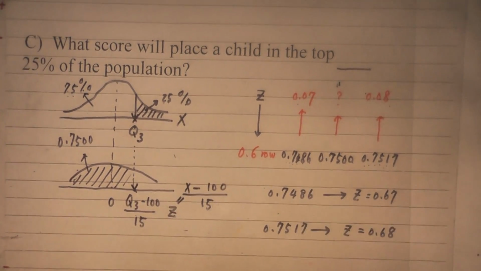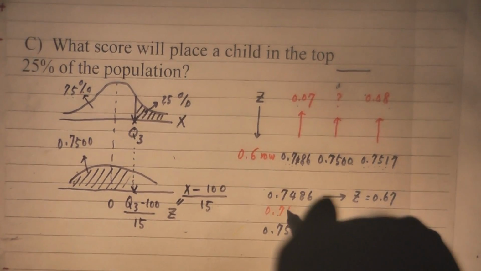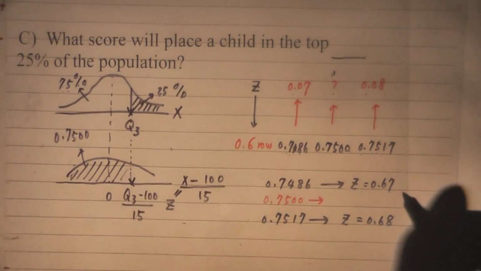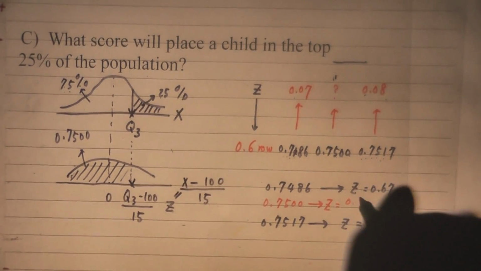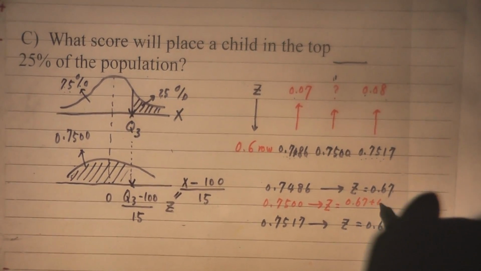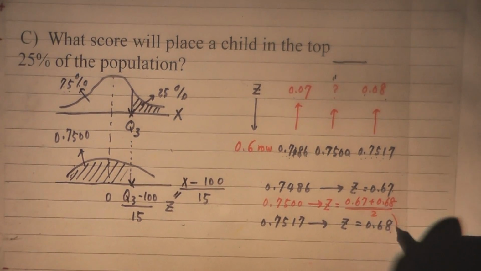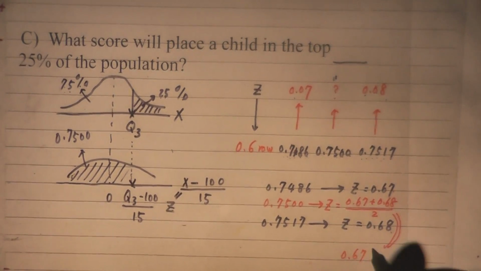So to estimate 0.7500, we can use the average of these two Z-scores: 0.67 plus 0.68 divided by 2, and this number is 0.675.